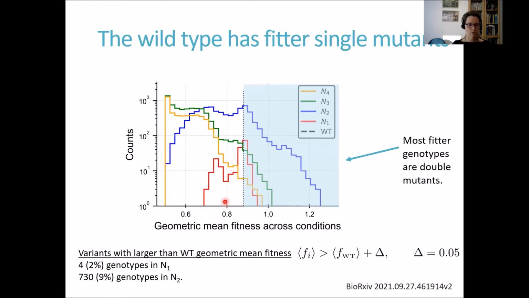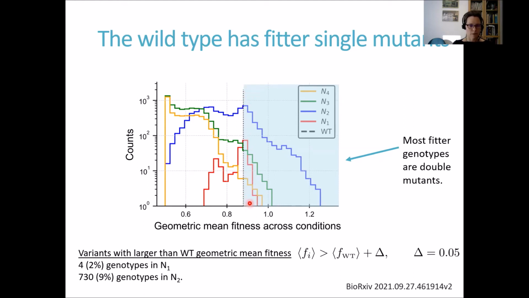So we have here simply fitness, this is for geometric mean fitness. Geometric mean fitness of the single mutants in red, double mutants in green, in blue, and triple and quadruple mutants. And this is the wild type here, the black line.